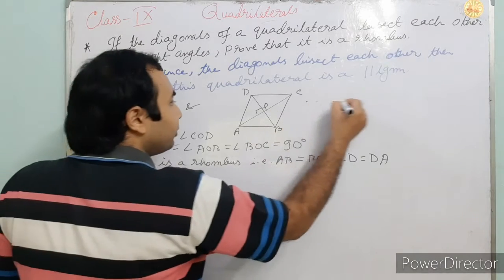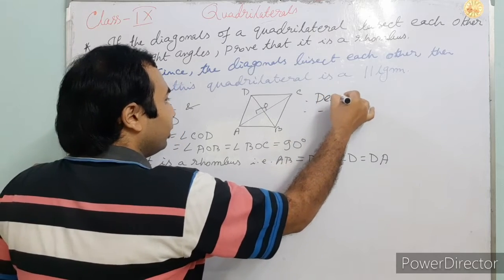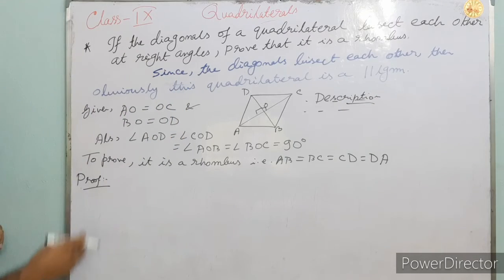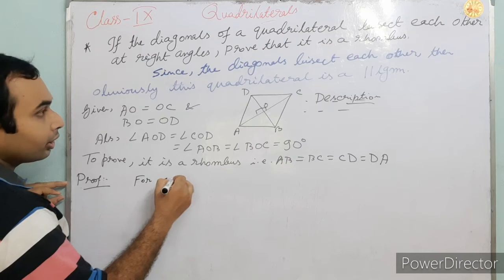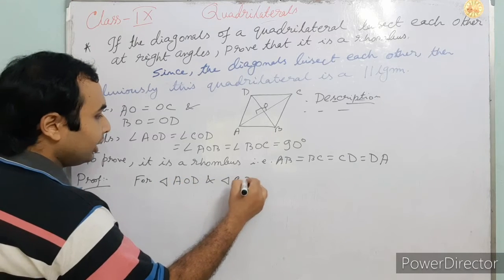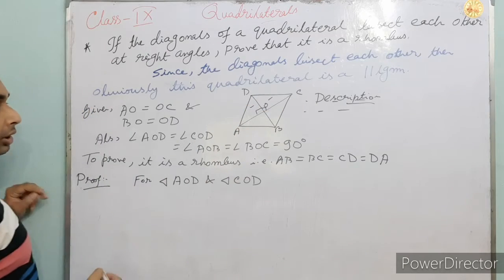You can give the definition and description of the figure here. I am not giving description. Okay. So now the proof. For triangle AOD and triangle COD, those two triangles, this and this, we are taking.